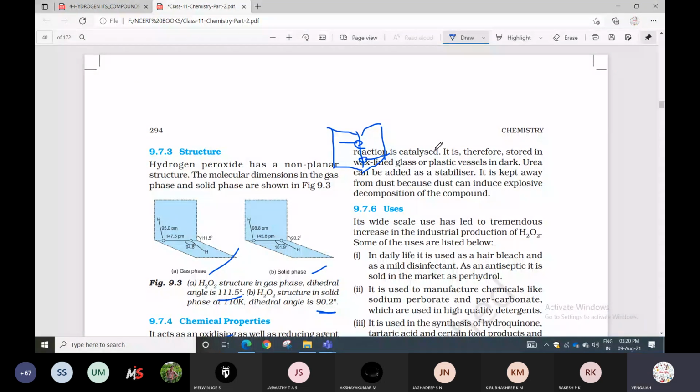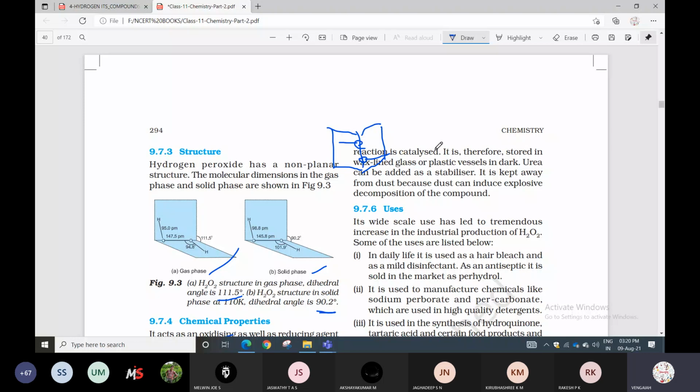It is kept away from dust, because dust can induce explosive decomposition of the compound.